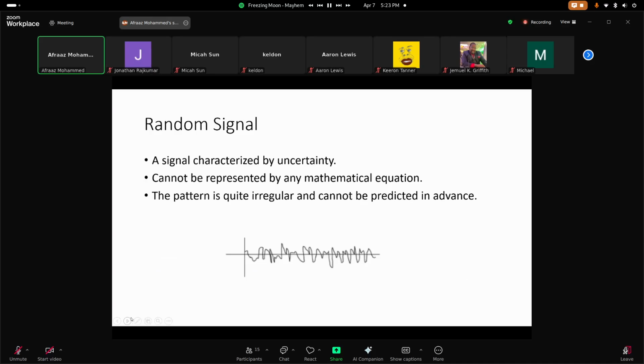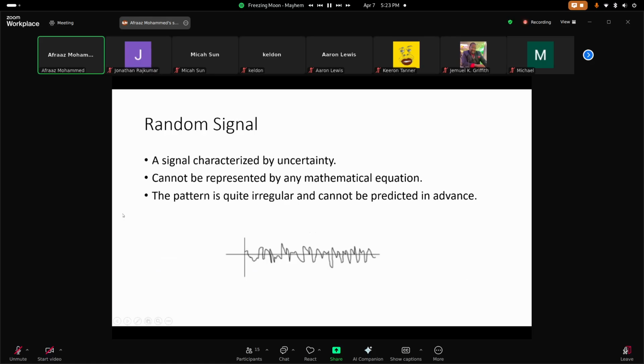The opposite to that would be a random signal. A random signal is characterized by uncertainty, so there's no predicting its behavior, and because of that you cannot characterize the signal by any sort of mathematical equation. The pattern is generally irregular and cannot be predicted in advance. So that's an example of this sort of signal here.